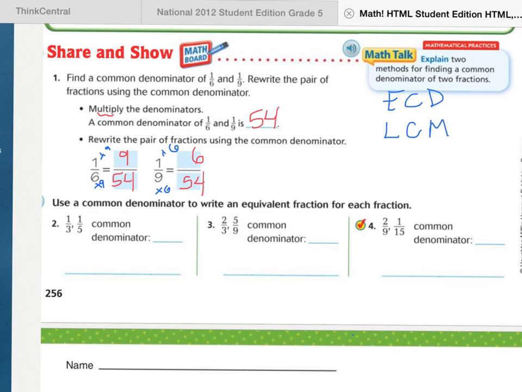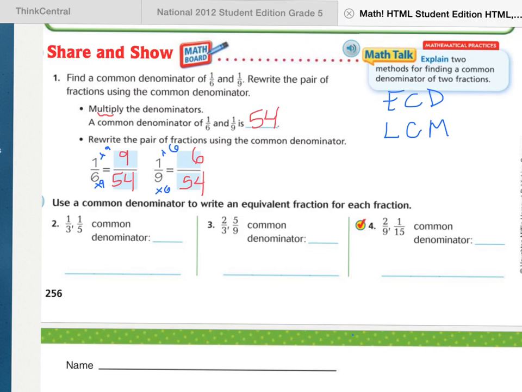For number 1, they tell you to multiply to get the denominator, so you should have ended up with 54. And then multiply the first fraction times 9 over 54, and the second fraction times 6 to get 6 over 54.